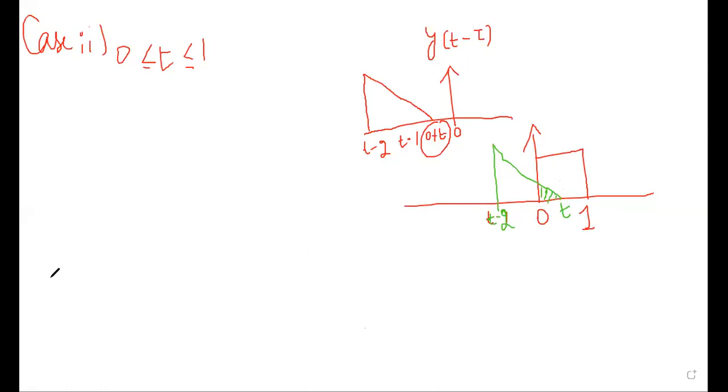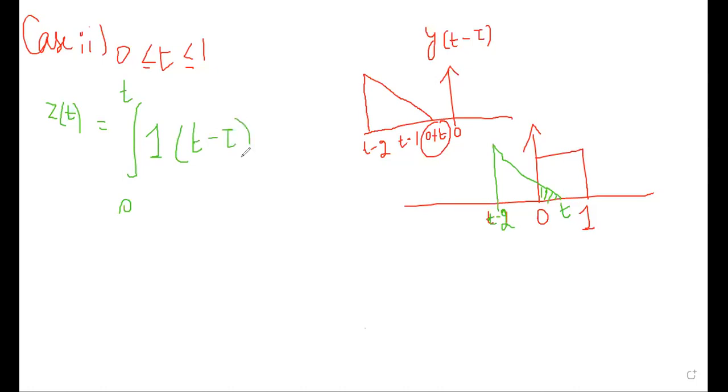So what is the integral now? 0 to t. So z of t is equal to the integral from 0 to t, and here x of tau is 1 only. Since my y of t minus tau amplitude is not exactly 1, I will take it as t minus tau.